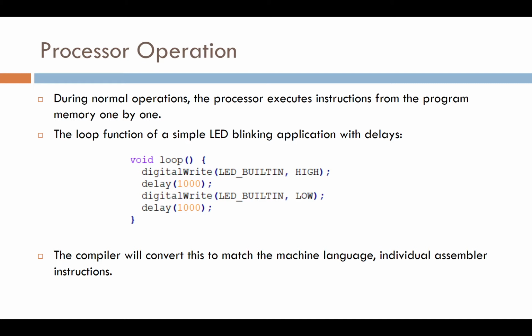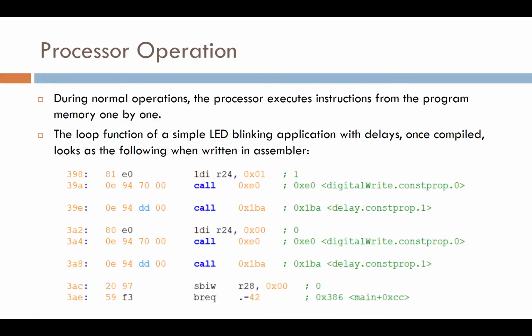So the previous loop, this is what is inside of the loop. If we take a look at the assembly command level, this was done, I think, by Juho by using the AVR disassembler, which comes with the Arduino IDE.